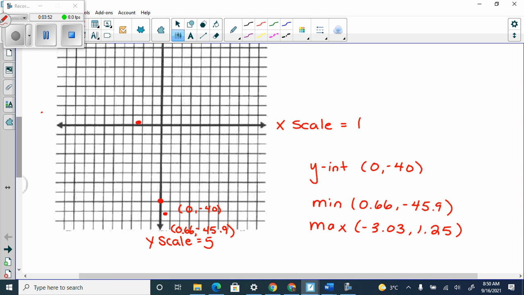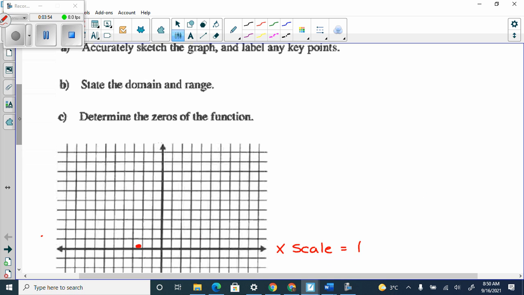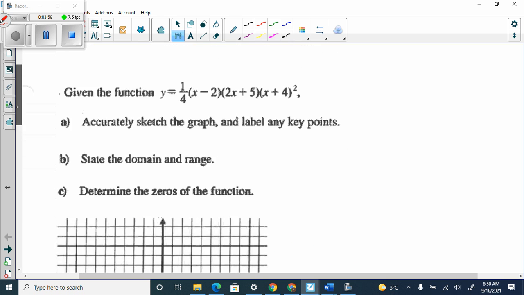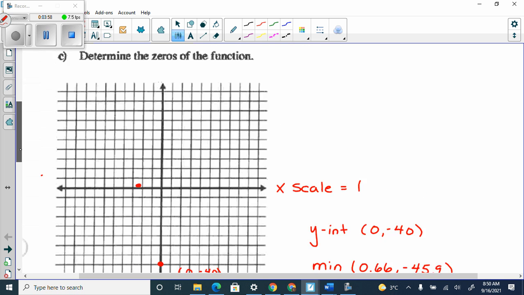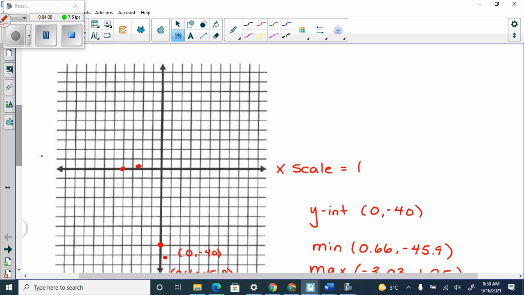Okay, then I know I have x-intercept. I have x-intercept at negative 4. And there's 2 of them there. So I'd say x equals negative 4 multiplicity 2.